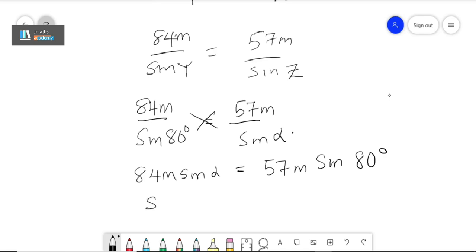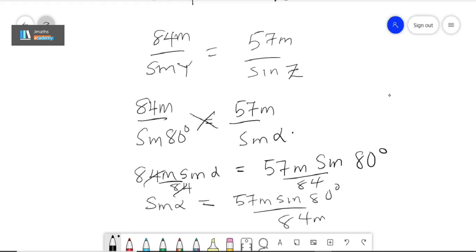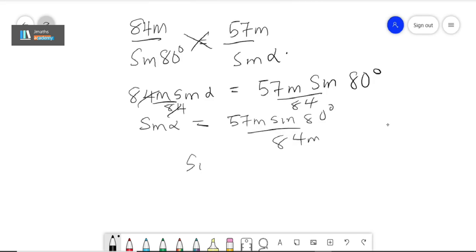So we have sine alpha is equal to, divide both sides by 84, 57 meters sine 80 degrees over 84. So we have our sine alpha to be equal to 0.6683.